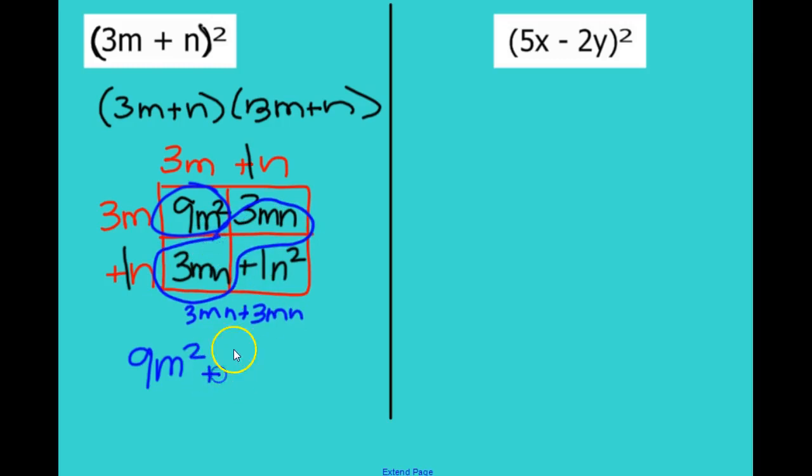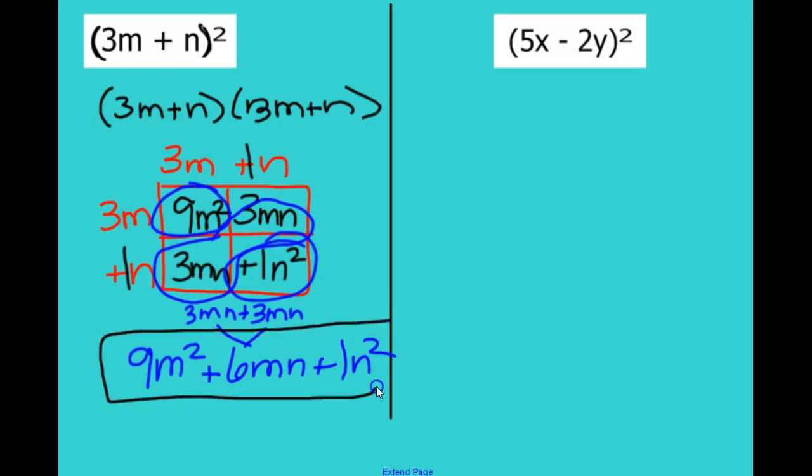We have a total of 6mn's. We combine those. And then last we have plus 1n squared. So this is our final answer right here in alphabetical order: m's, then mn's, and then n's.